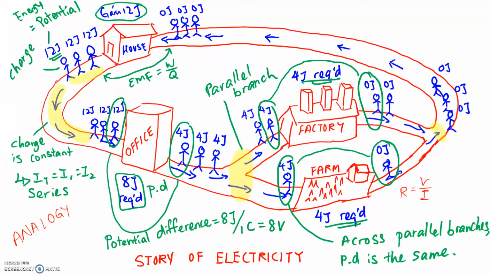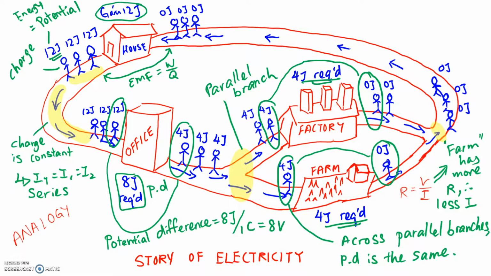The farm has only 1 coulomb of charge, compared to the other side, the factory, having 2. So we can take it that the farm, in inverted commas, has more resistance, therefore less current passes through it. So this is how you can understand it.